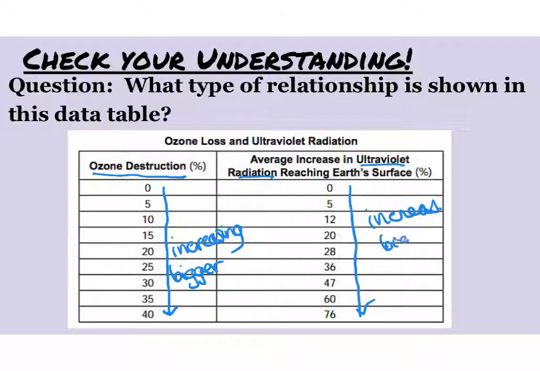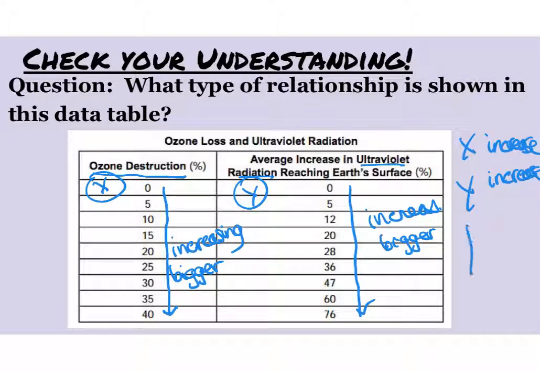They're getting bigger. So remember what we said, if this were x over here, and if this were y, as x increases, then y also increases. And so this is the same thing as a direct relationship.